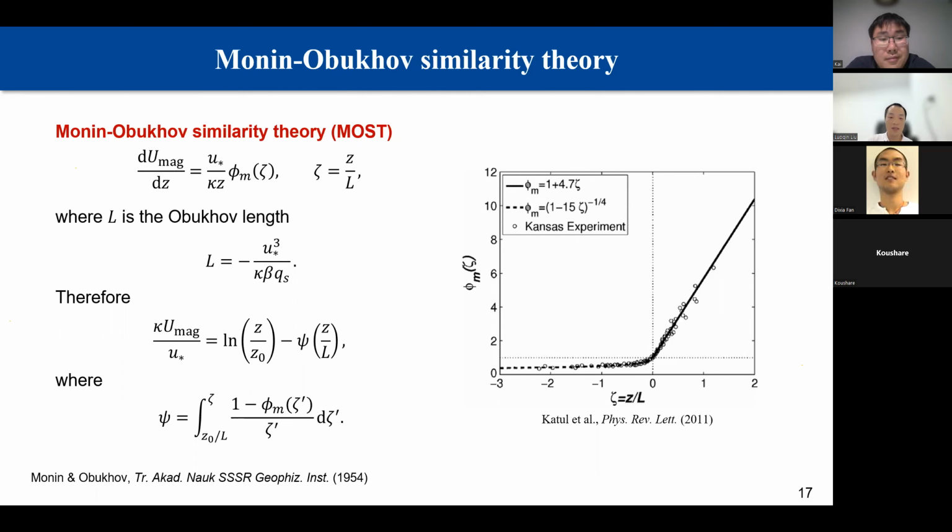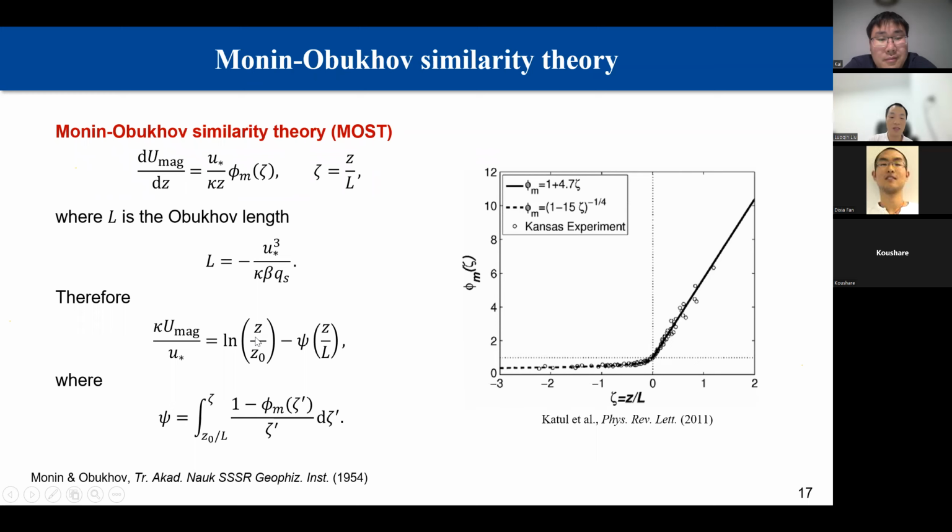The expression of phi m can hardly be determined theoretically. So basically, people determine the form by fitting based on high fidelity field data like this. Anyway, the final expression for the wind speed can be expressed like this. It also includes two terms.